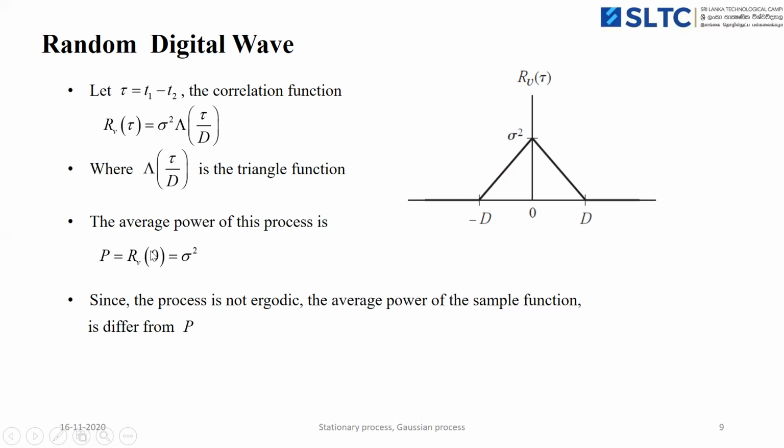This is actually the ensemble average. It differs from the average power of the sample function because it is not an ergodic random process. If it were ergodic, both values would be equal: the average power of the sample function is equal to the average power of the process, that is P equal to R_V of 0 equal to sigma squared.